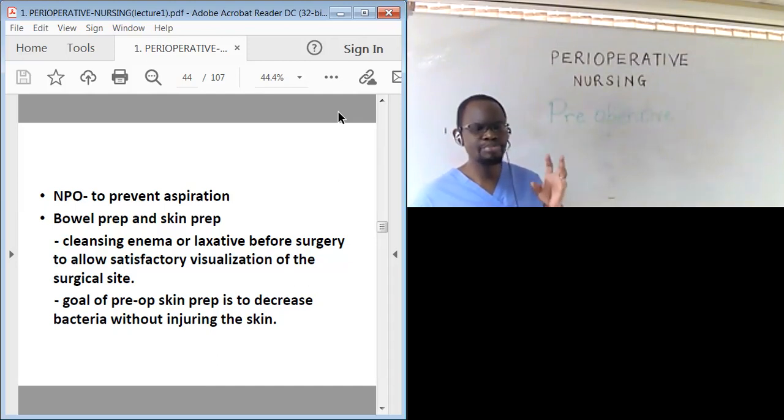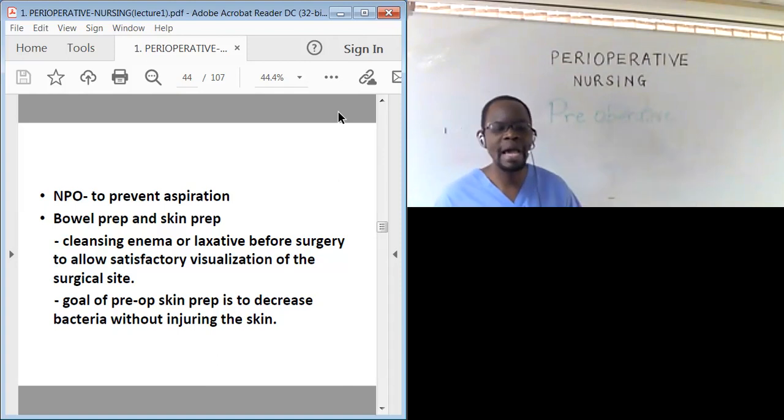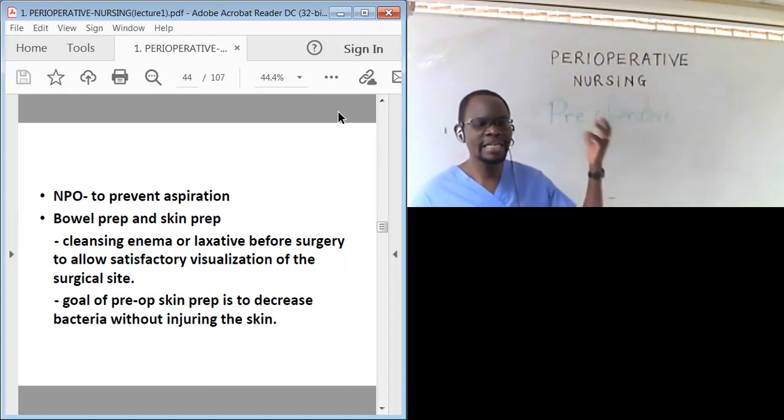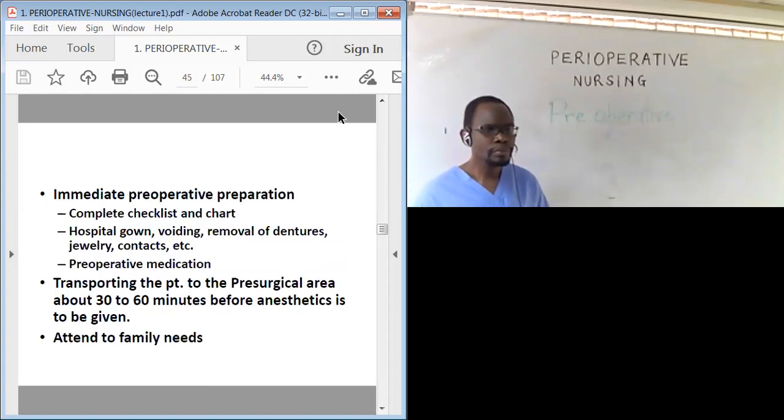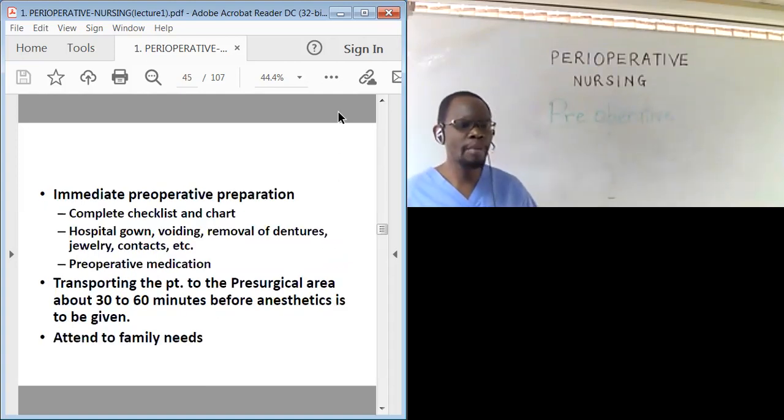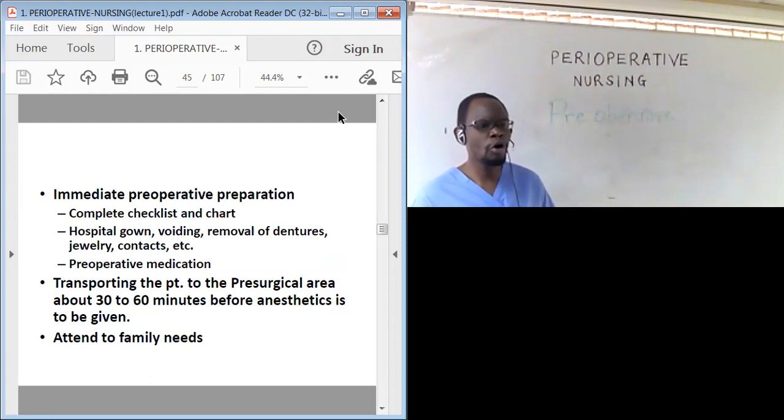Usually, if skin preparation does not require much work, it can be done within the operating room. But if it requires much work, it is done earlier, before the patient is transferred to the OR.